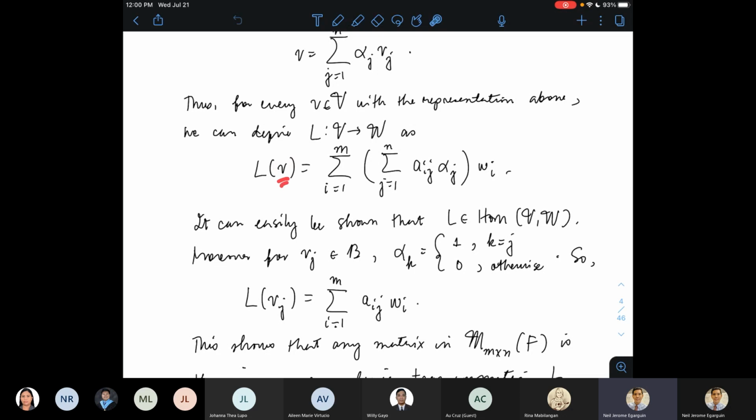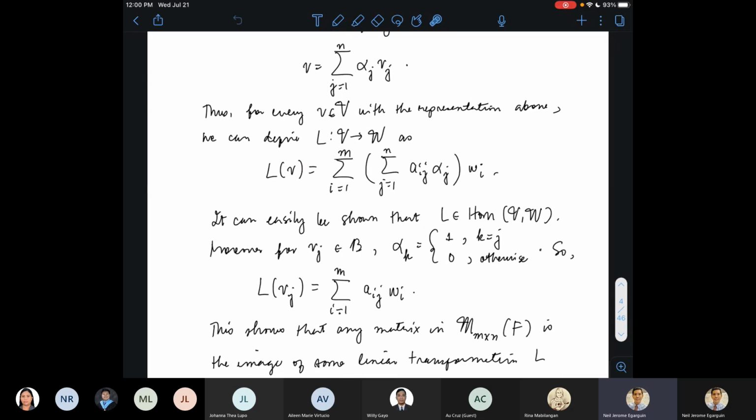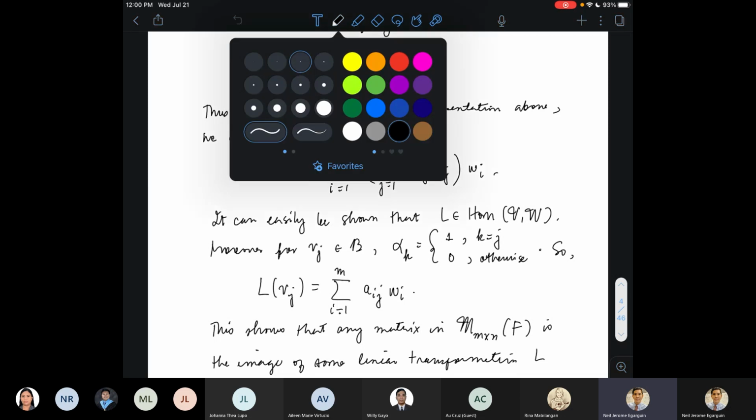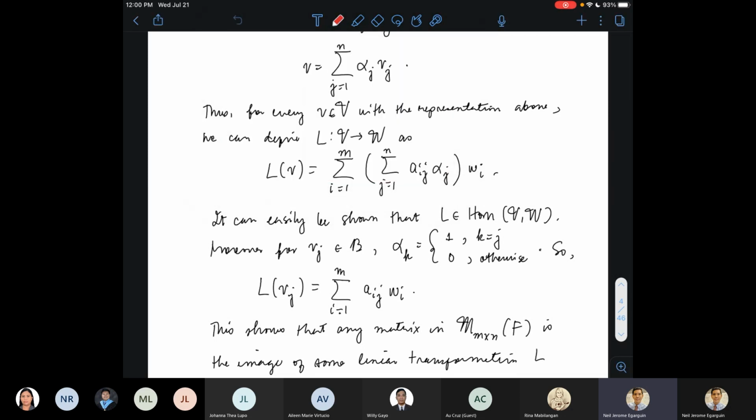But the image under L depends on how you expand your element, right? But note that if I have a basis element, say Vj, right? Yung basis expansion niya ay magiging sum lang ng alpha j pa rin times V, sorry, let me use a different letter here.